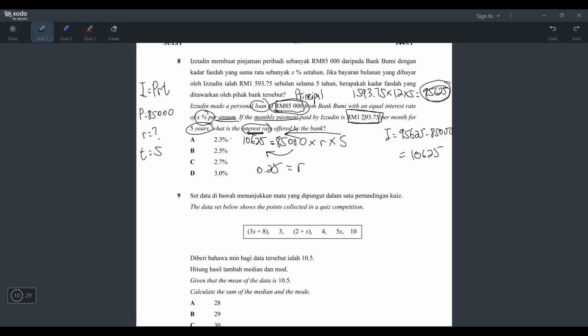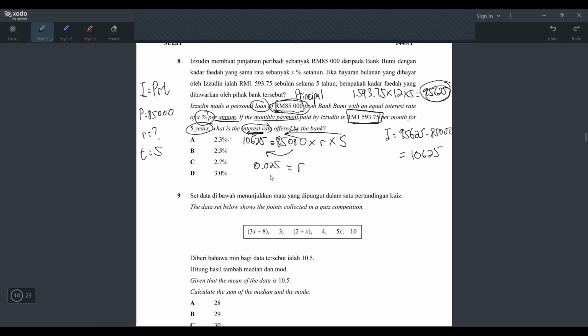I silap tekan. This one is not 0.25. That's why when I got 0.25, it was weird, because there was no answer. Because 0.25 is actually 25%, and if I look at ABCD, tak ada jawapan. So I try to tekan semula. Okay, I realized I pressed wrong just now. Actually, I get 0.025.